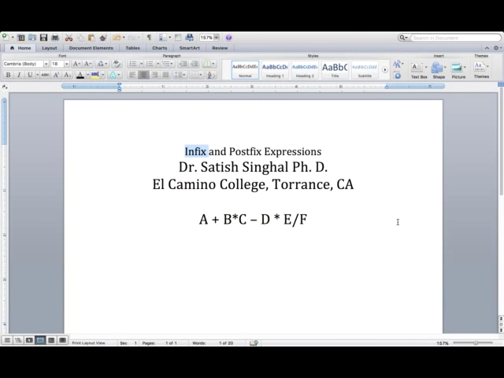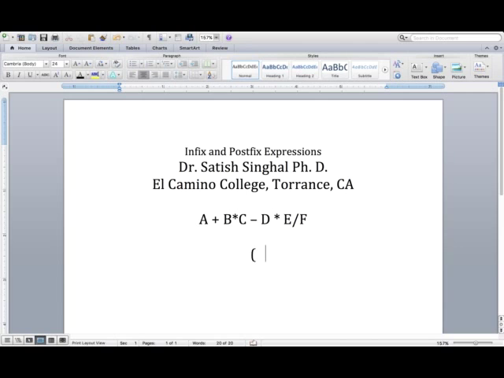Now, the thing with infix expressions is that unless they are all parenthesized, with parentheses to tell you the order of operation, you must know the operator precedence rules to solve them. And operator precedence rules you learn in your computer science courses. I will type them from higher order to lower.